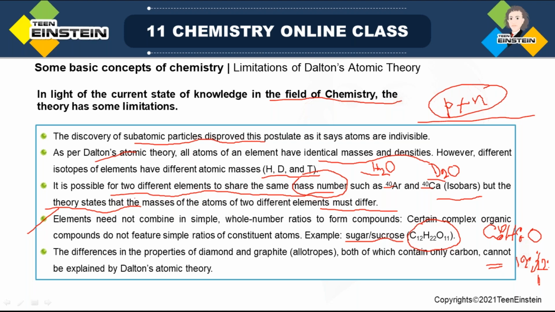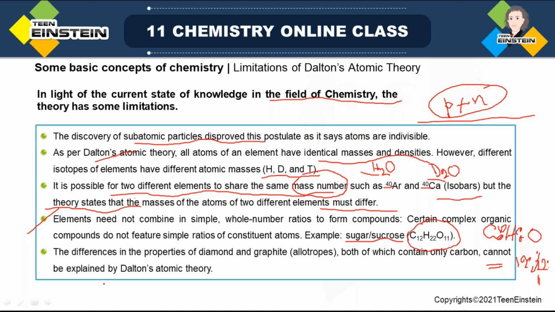Now this you cannot simplify further, right? If you divide 12 by 2, it will be 6, 22 by 2, it will be 11, but you cannot divide 11 by 2 because it will be a fraction. So that is why this is the maximum simple ratio that you can get for these three atoms, 12, 22, 11. So they do not feature a simple ratio of constituent atoms, which is another limitation.